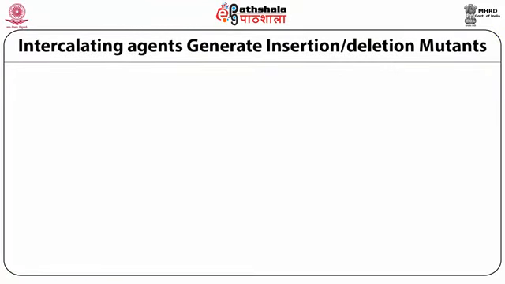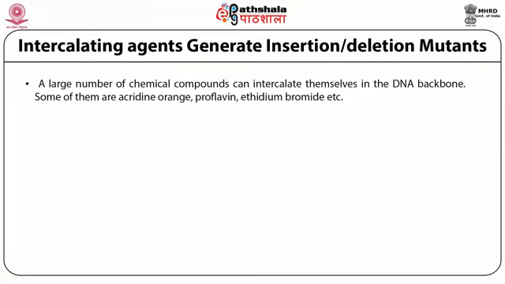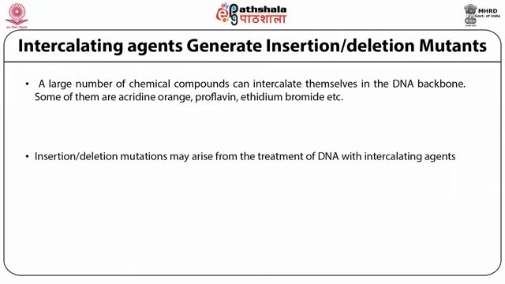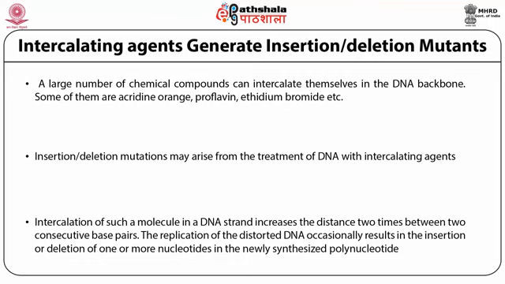We will be discussing the effect of intercalating agents on the DNA backbone. Intercalating agents are reported to have the capacity to mutate DNA. Insertion or deletion mutations may arise from the treatment of DNA with intercalating agents such as acridine orange, proflavin, ethidium bromide, etc. Intercalation of such a molecule in a DNA strand increases the distance two times between two consecutive base pairs.